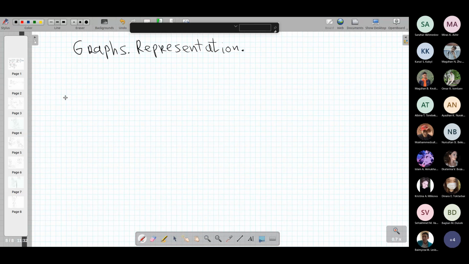No, graphs. I mean not a graph of a function, but a graph as in graph theory. So what is a graph? You had this on your discrete math course.